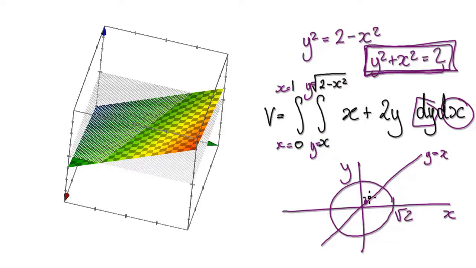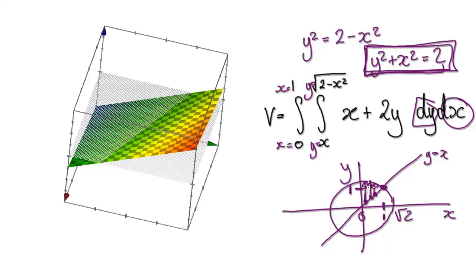And then if you look at x, it's saying scan from x equals 0 to 1. Well, it's a diagonal line, so this must be 1. And then it's saying scan from x equals 0 to 1.